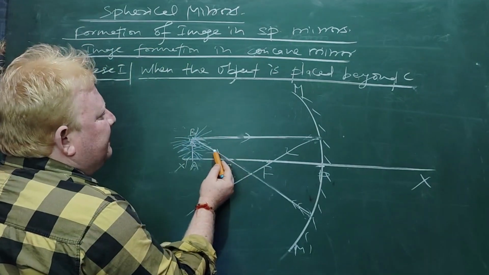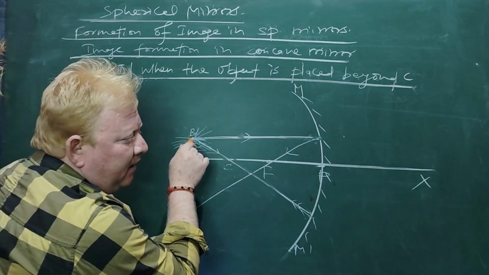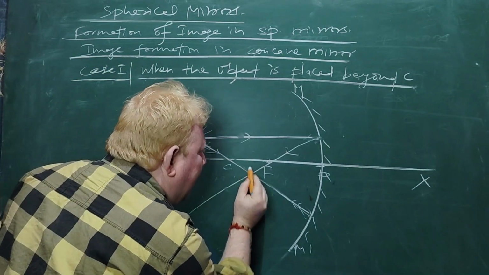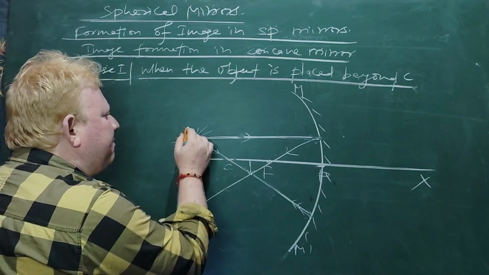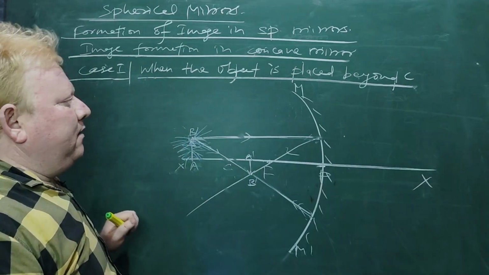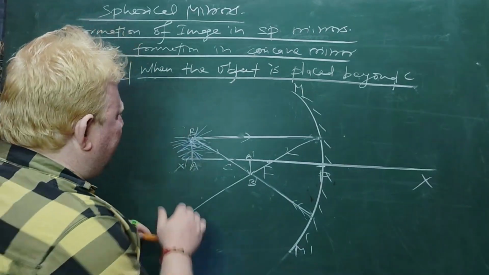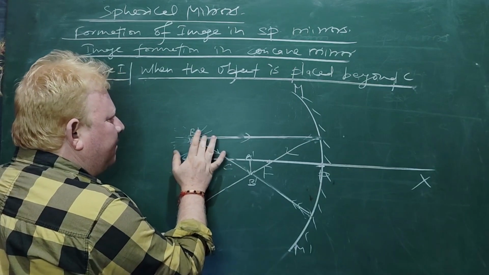Now these two rays were coming from the head part, the header part. So here the header part of the image will be formed. So if it is AB, you can write here A dash B dash. Right? This I am rubbing so that you will understand this one.